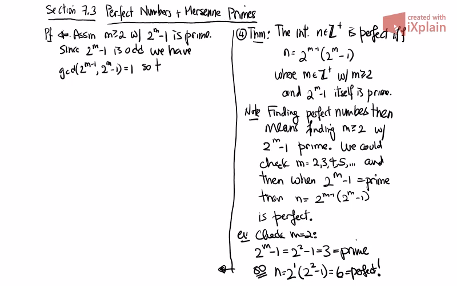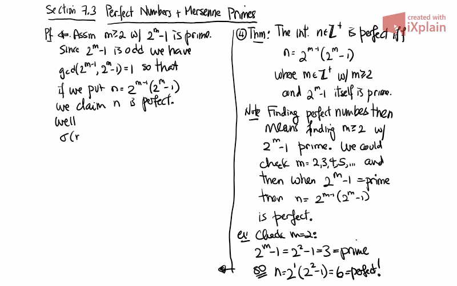Let's assign n to be 2^(m−1) times (2^m − 1). This is the thing that we claim is perfect. So let's look at it.